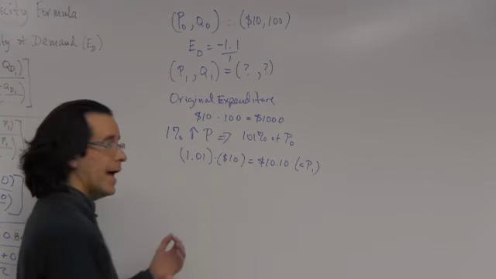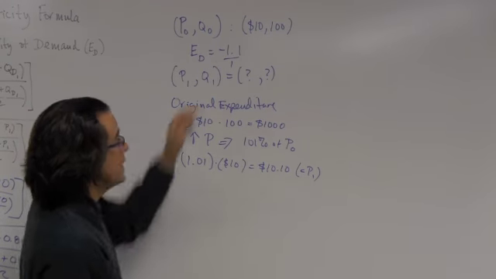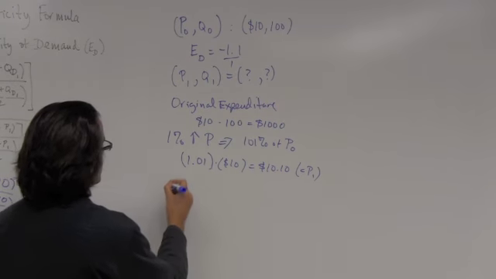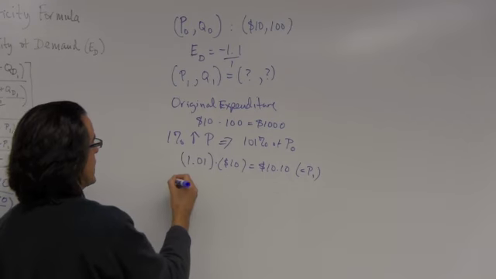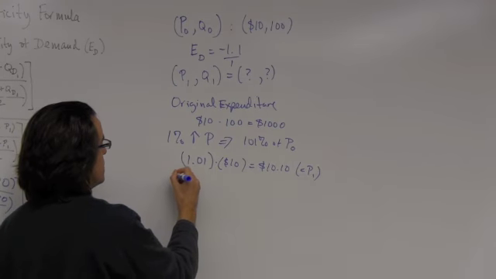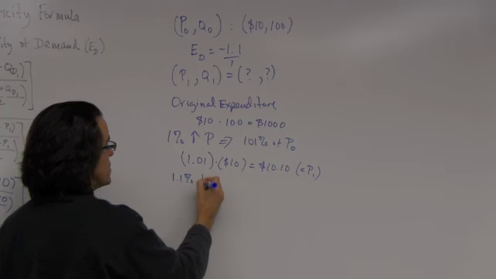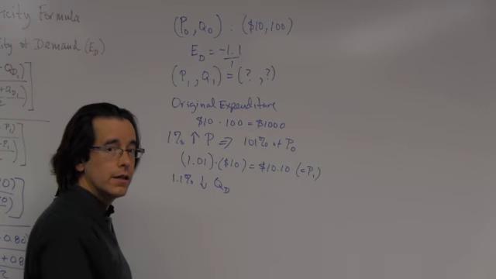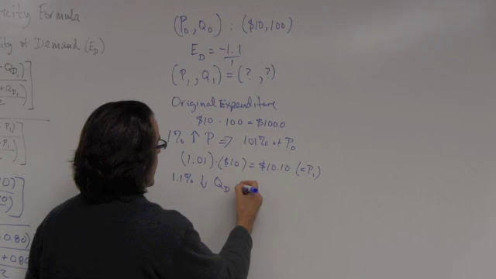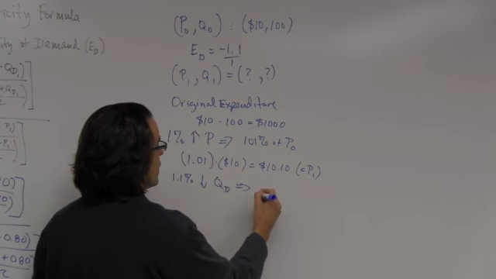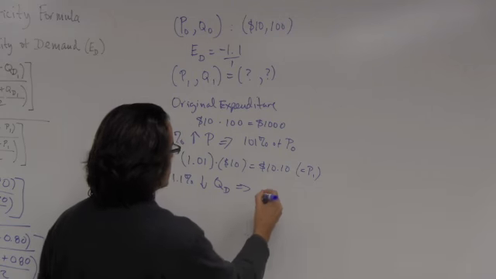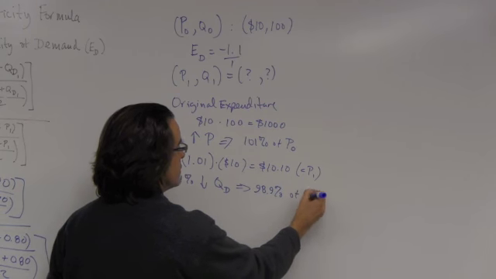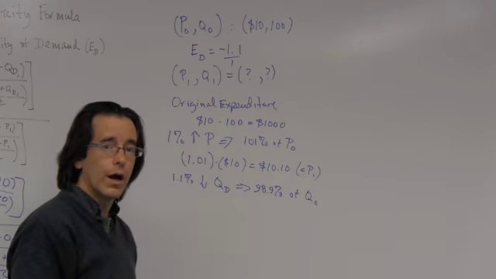Pretty easy. But now we have to figure out, based on this elasticity, what's the actual change in demand, not just the percentage. So we're saying that with this elasticity measure, there's going to be a 1.1% decrease in the quantity demanded. So if we're taking it away, that's the same thing as saying that the new quantity demanded is going to be 98.9% of the original quantity.